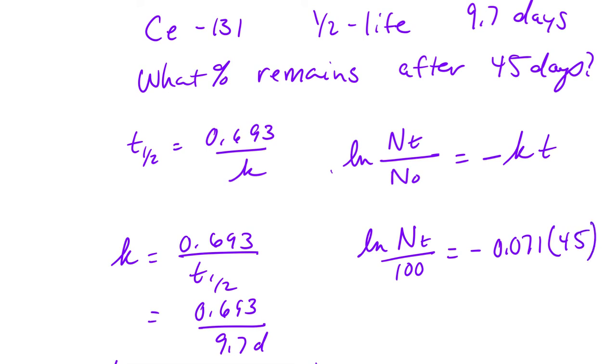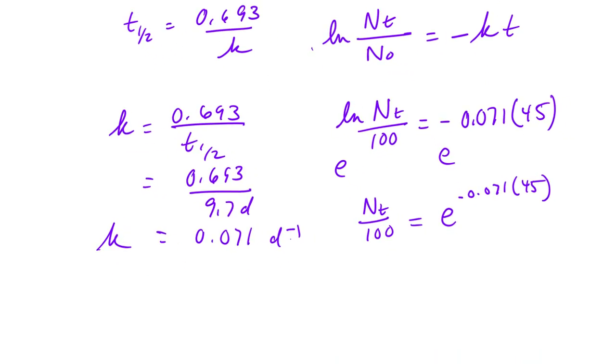Okay. I did the inverse log, so then I'll end up with N sub t over 100 equals e to the minus 0.071 times 45. Don't forget that minus sign.